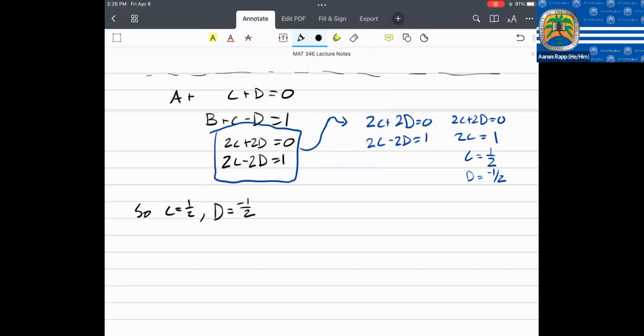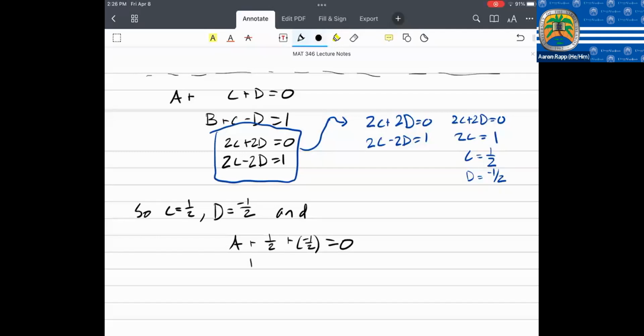Sorry, I know I'm saying it your way. And I'm going to get A is equal to, yeah, so it'll be 1/2 plus -1/2, equal to 0.